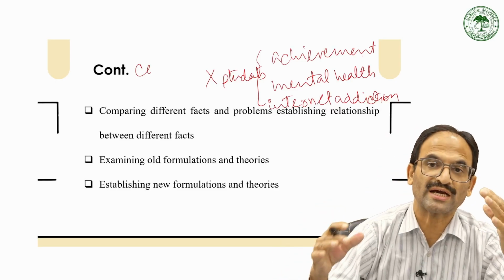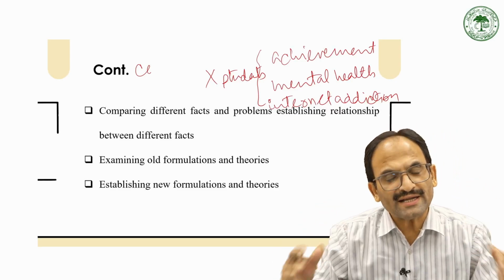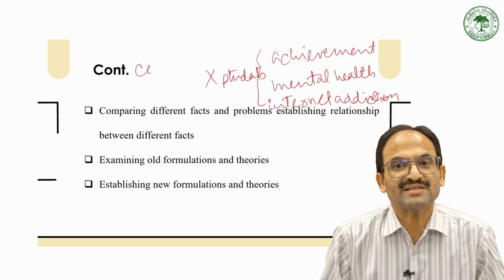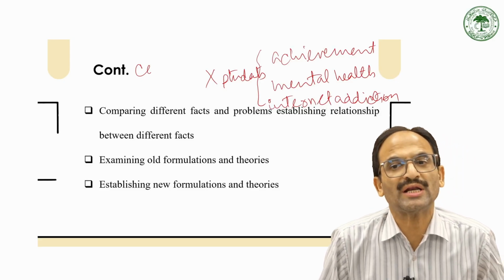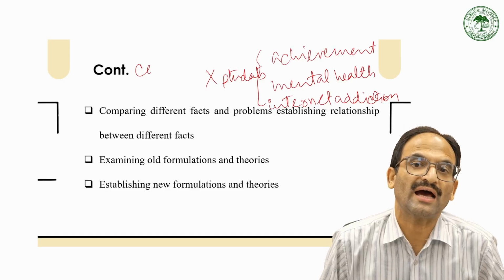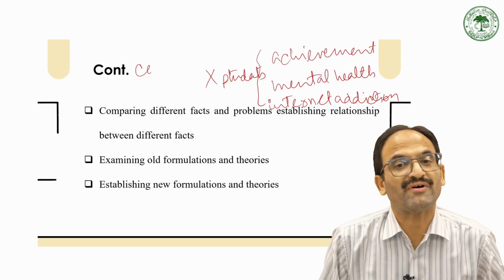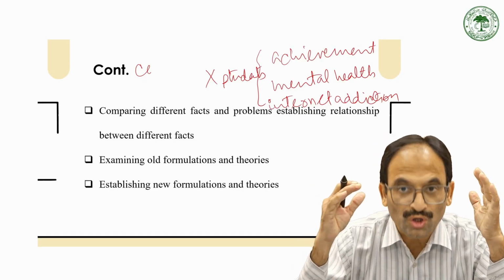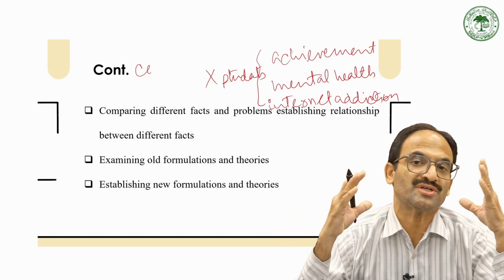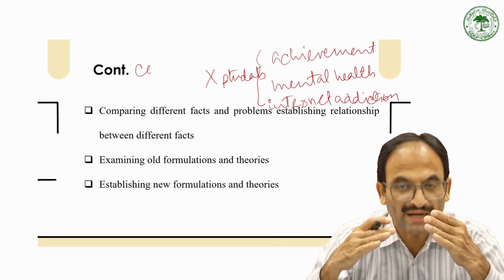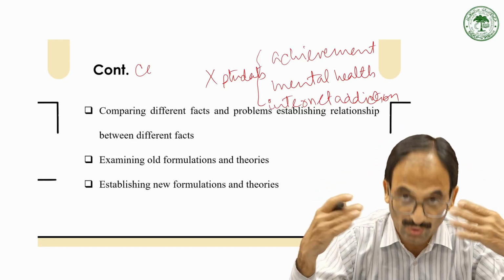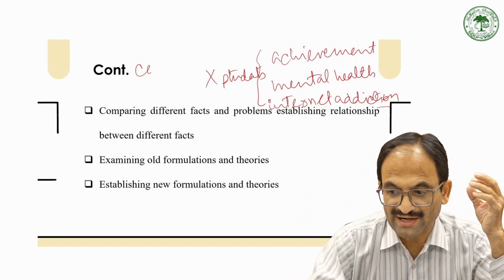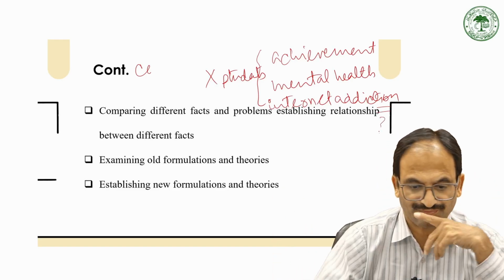So I came to the conclusion that internet addiction or smartphone addiction basically is negatively correlated with mental health and achievement for class 10th students. So in order to ensure good mental health of the students, in order to ensure that they are achieving properly, good achievement particularly, somehow this is required to be checked.